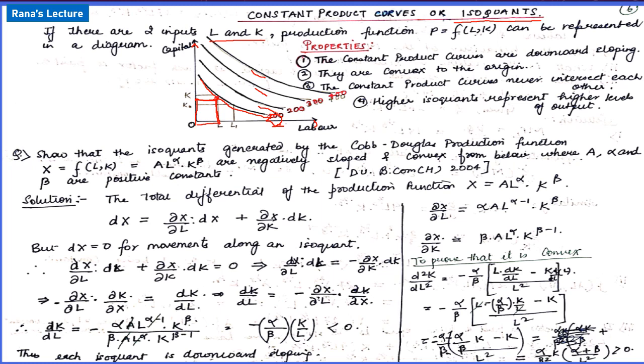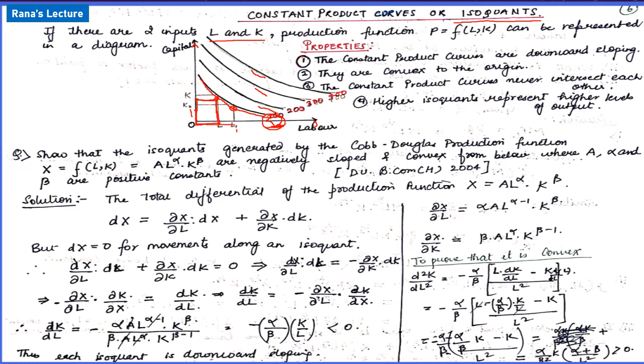And even if you use OK1 amount of capital and OL1 units of labor, it will give rise to the same isoquant, that is 100. This isoquant will not change. The total output will be 100 only.